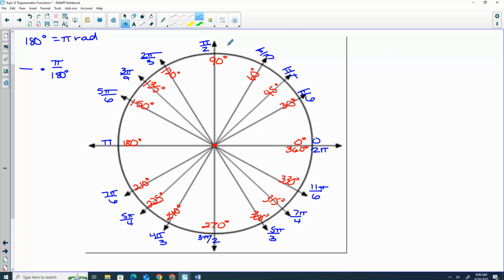The next thing we did was ordered pairs. Remember, in our ordered pairs, x is the cosine, y is the sine.